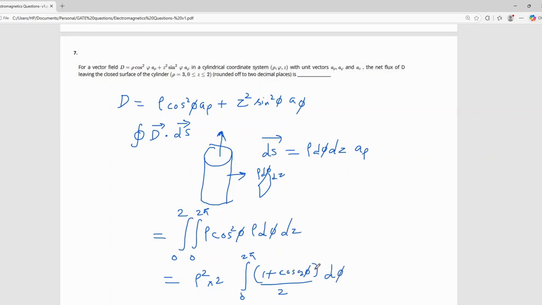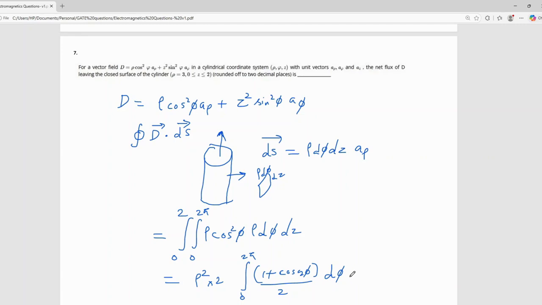If you integrate cos 2 phi, you get sin 2 phi, and if you put the limits phi equal to 2 pi and 0, in both cases sin 2 phi is 0. So that component will vanish. So we'll have only 1 by 2 integrated from 0 to 2 pi. If you integrate 1 by 2, you get phi by 2. From 0 to 2 pi, you will get 2 pi by 2, that is pi.